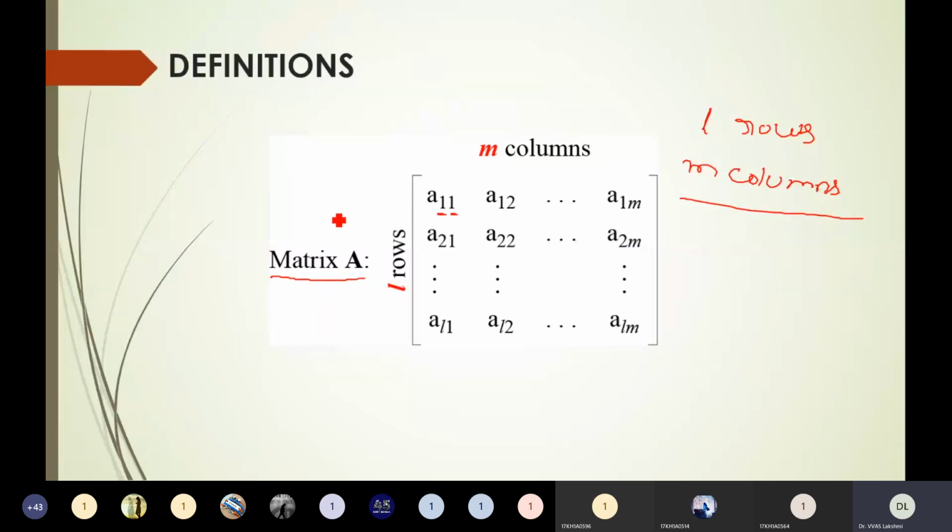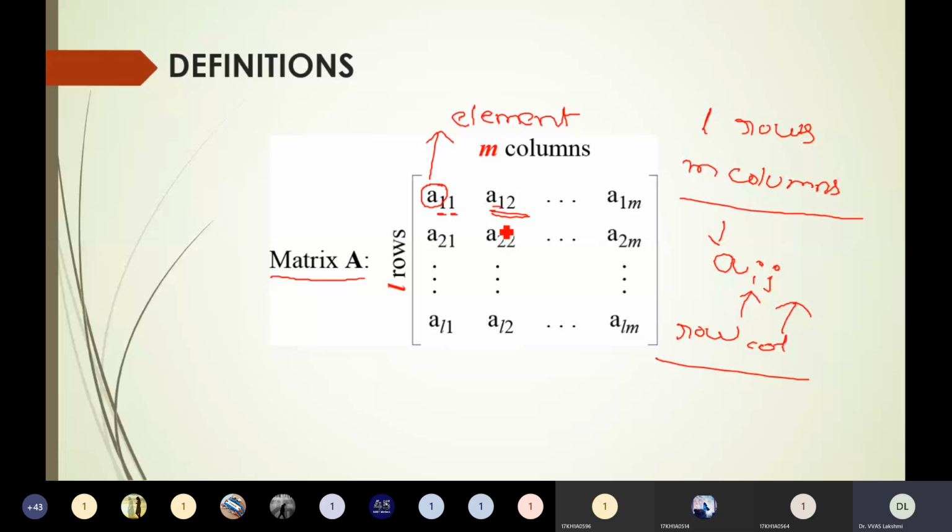A is the element. A11 indicates the element in the first row, first column, and A12 indicates the element in the first row, second column, and so on. Each element is indicated as A of ij, where the first index is the row and the second index is the column. This is the element.